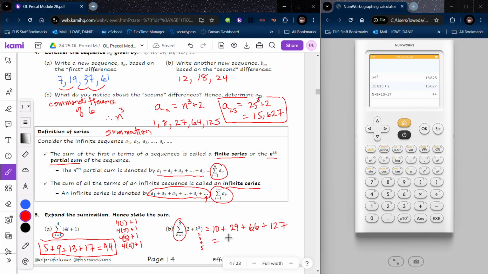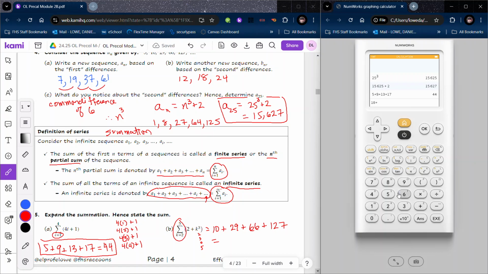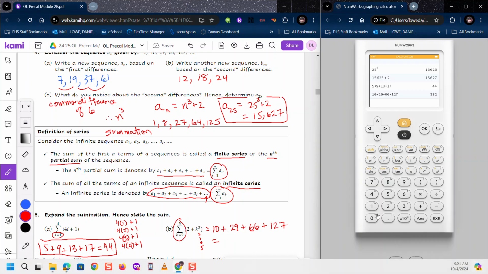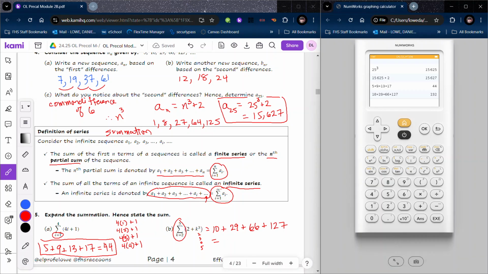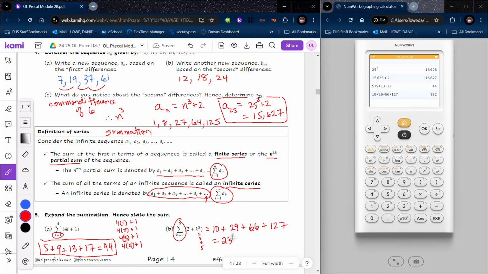And so if I add those up, 10 plus 29 plus 66 plus 127, make sure I have those written in there correctly, and that gives me a sum of 232. All right, and so there would be my expansion, and I would have my summation.